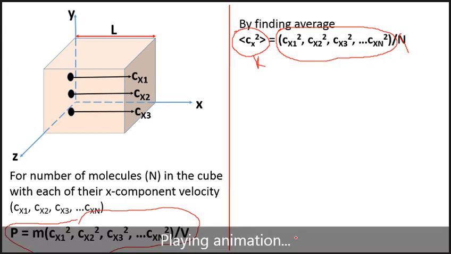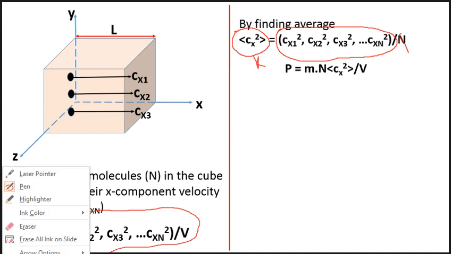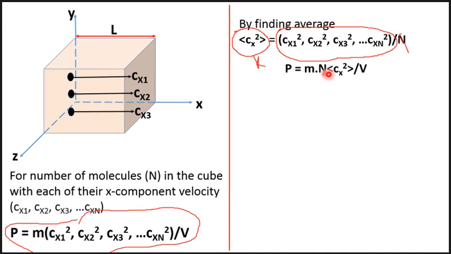If I do that, I will end up getting P equals m times n, then times the mean square velocity, then divided by volume. What I have simply done is replace the whole velocity term in the bracket by n times the mean square velocity, since this expression relates them together.